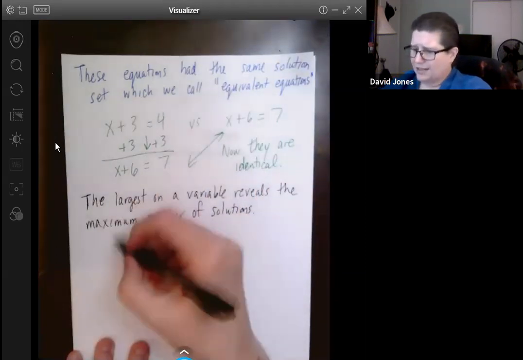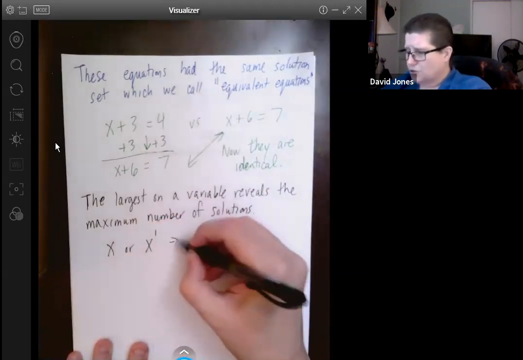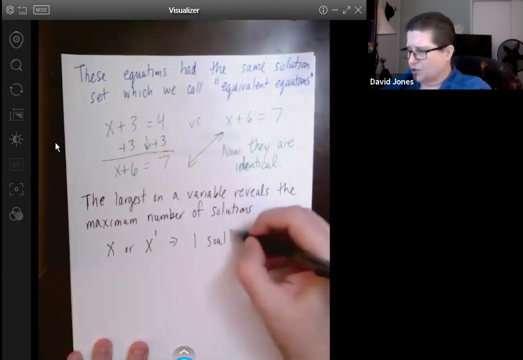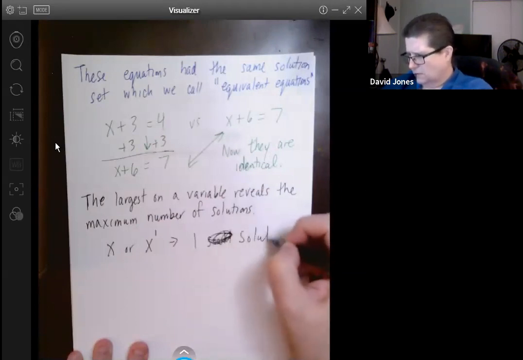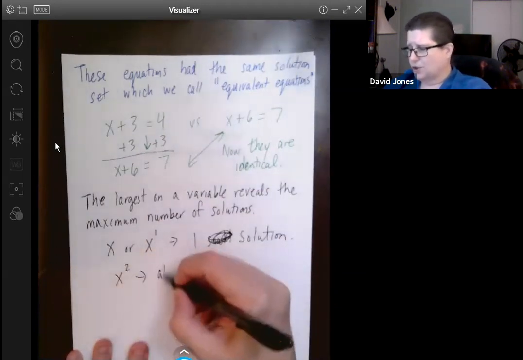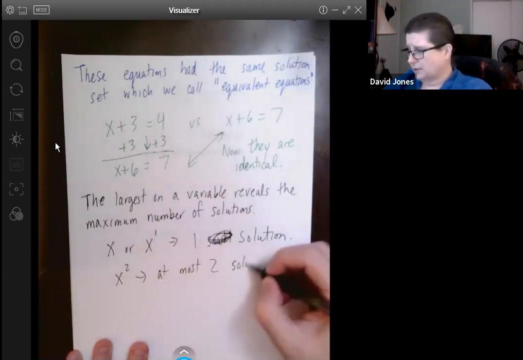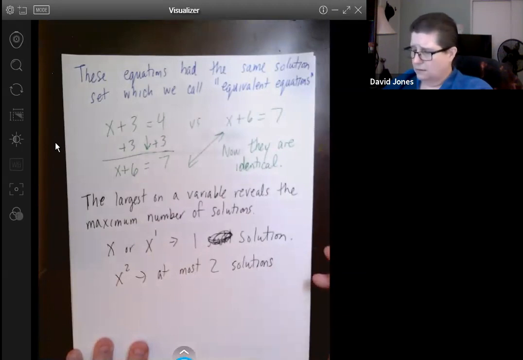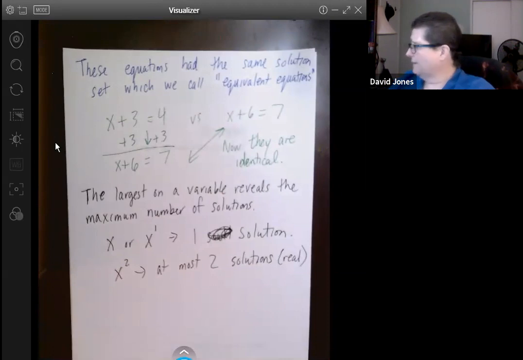If we have just x, or x to the first power, just one solution, and we saw that it was just one. If we have x squared, we have at most two real solutions, or two solutions. And I'm going to add the word real in. We may have complex solutions as well. That's another chapter, another section.